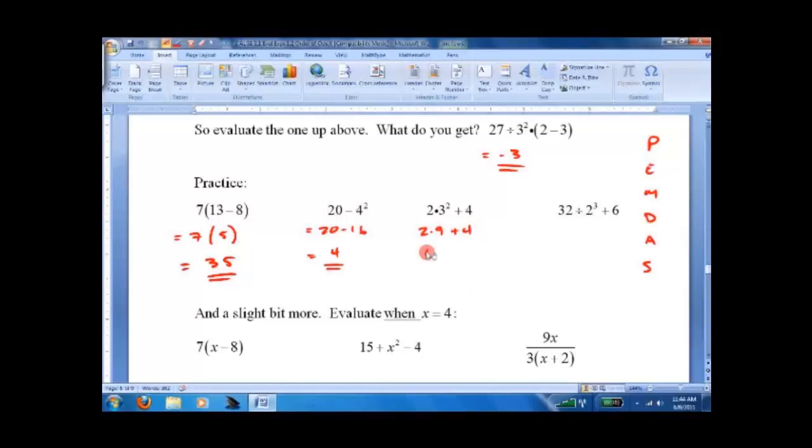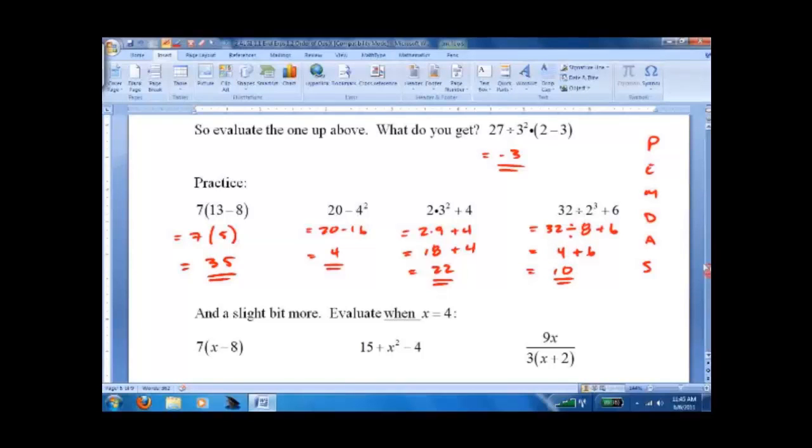Then we do the multiplying first. 18 plus 4. 22. Here we do the power first, the exponent first. 32 divided by 8 plus 6. Then we do the division first. 32 divided by 8 is 4. And then we just add them.